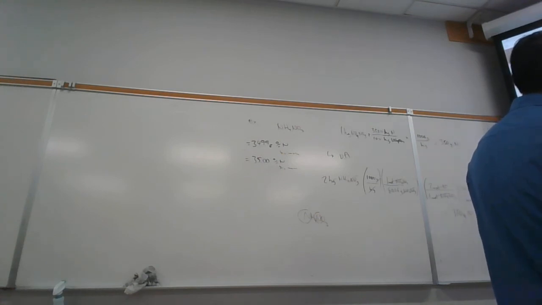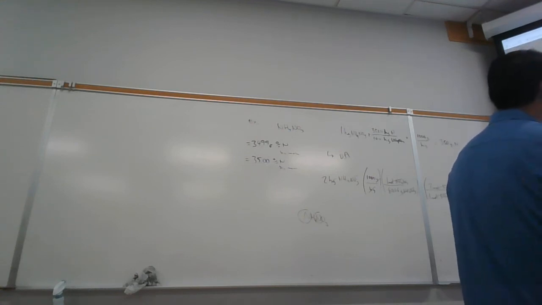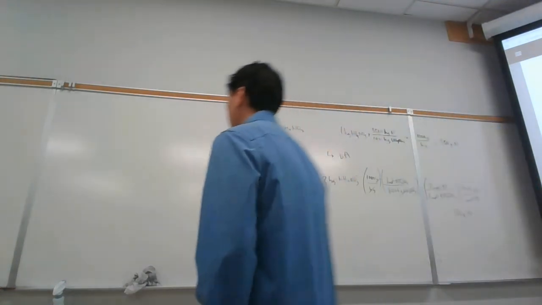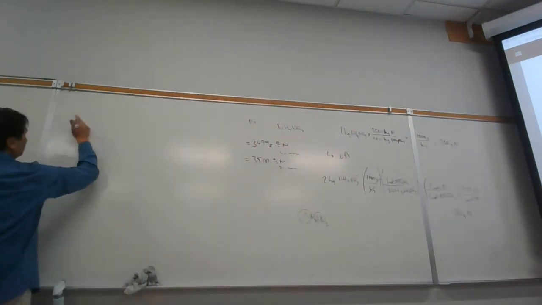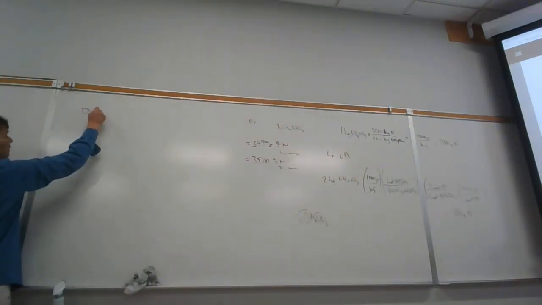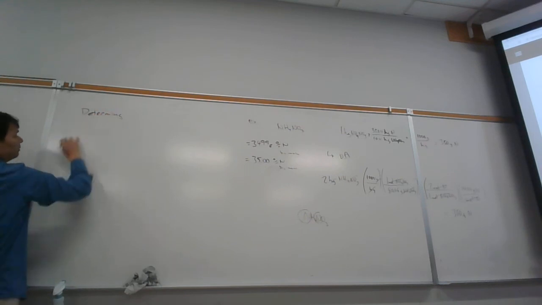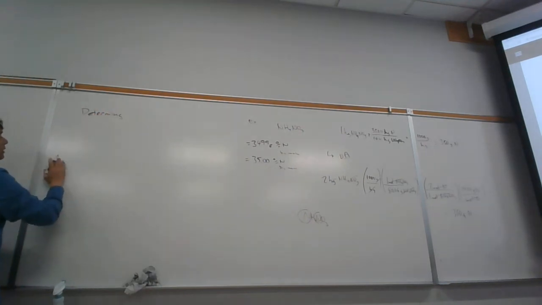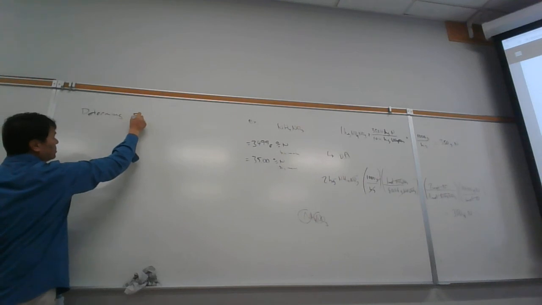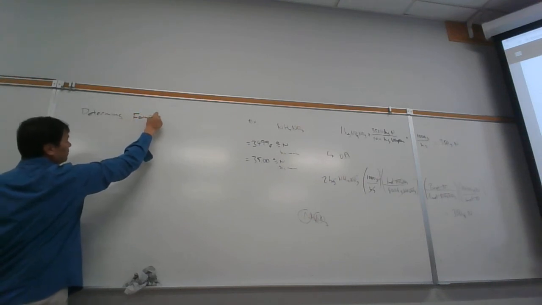We'll look at some more sample calculations here. The formula is very important because it's going to tell us clues as to the reactivity and the properties of these things. And so how do we determine formulas?